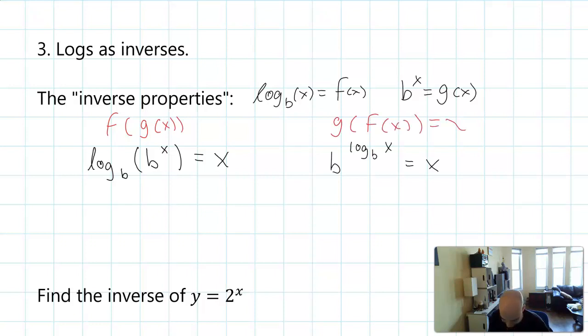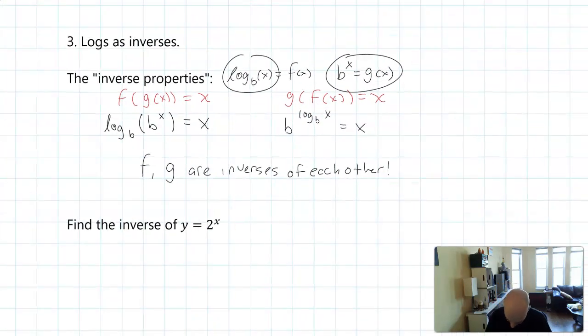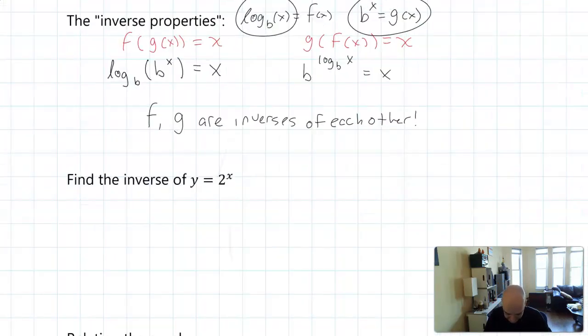And both times we got back x. And that implies, at least, that f and g are inverses of each other, using the language of functions. So you're saying that log base b and b to the x are related through being inverse functions. Okay. Let's try to find the inverse of an exponential function.